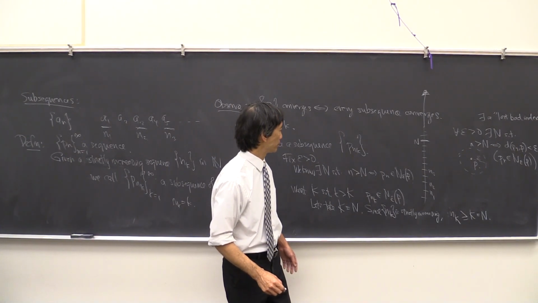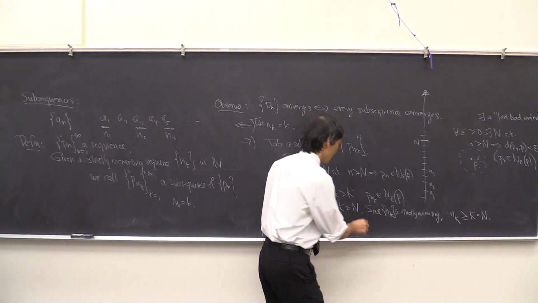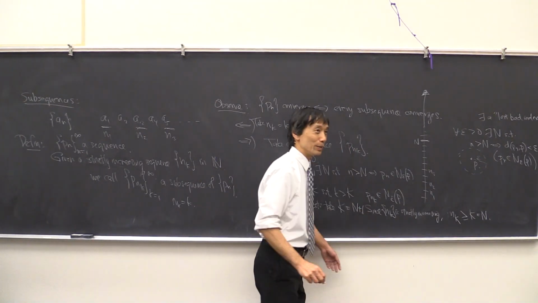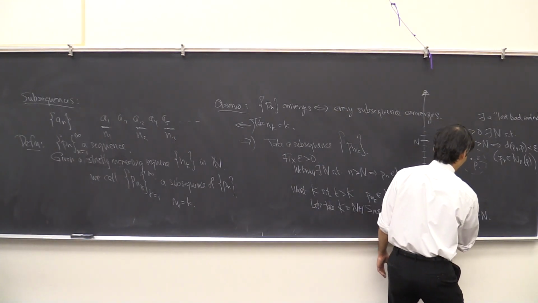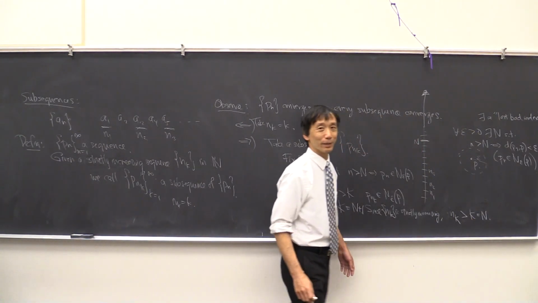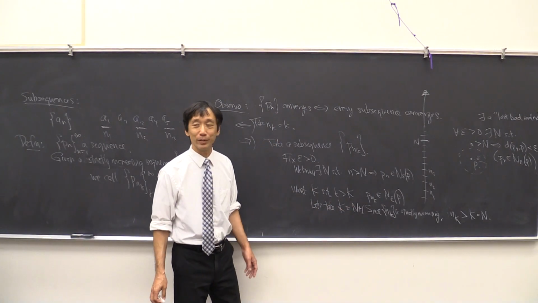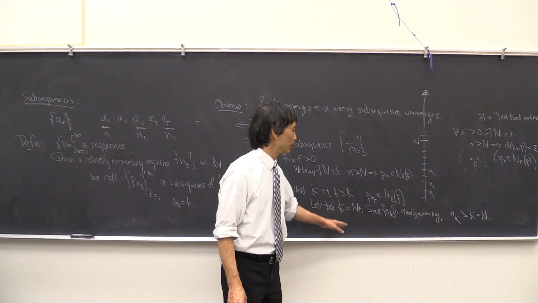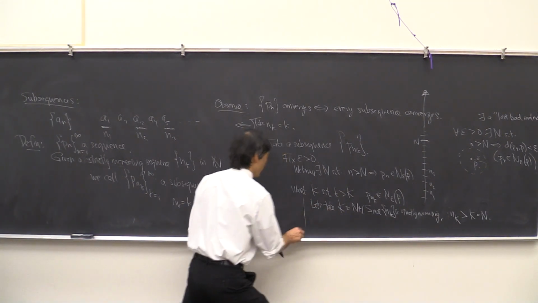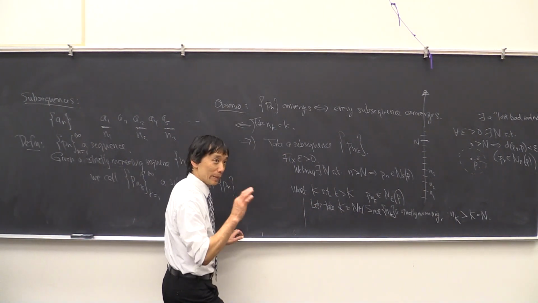Maybe let's take n plus 1 just to get rid of that equal sign there. It doesn't make any difference at all. Or simply, you don't have to be so precise about it.